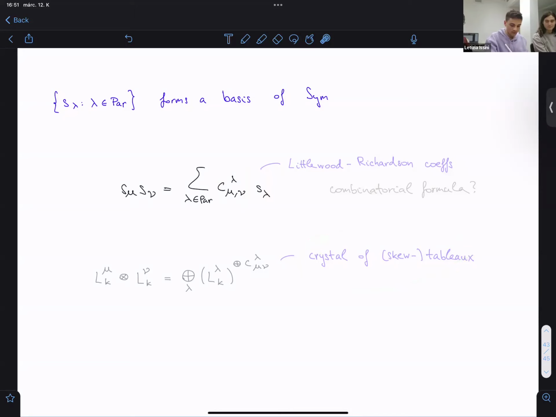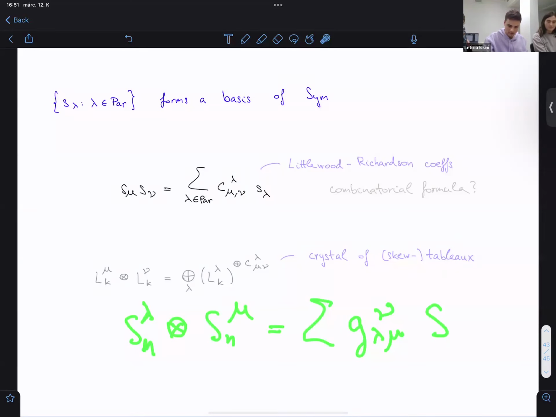But if you take the tensor product of two irreducible representations of the symmetric group, let's say S lambda tensor S mu, and you again want to expand it in terms of irreducibles, these are called the Kronecker coefficients. Representation theoretically, you have some formulae, but there's no formula that only depends on the underlying partitions. And that's a long-standing open problem in this area.